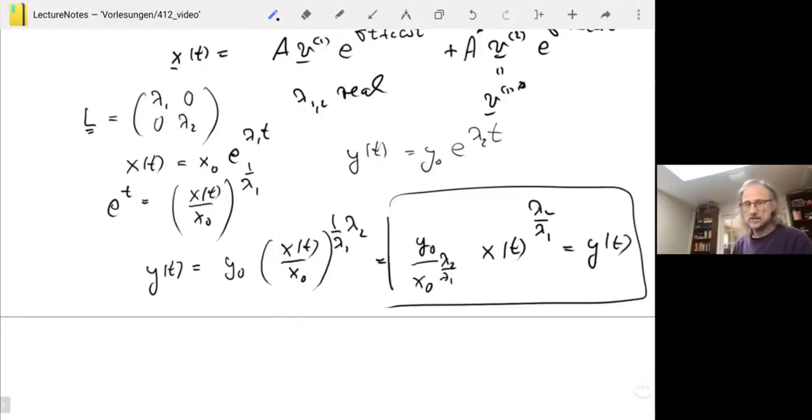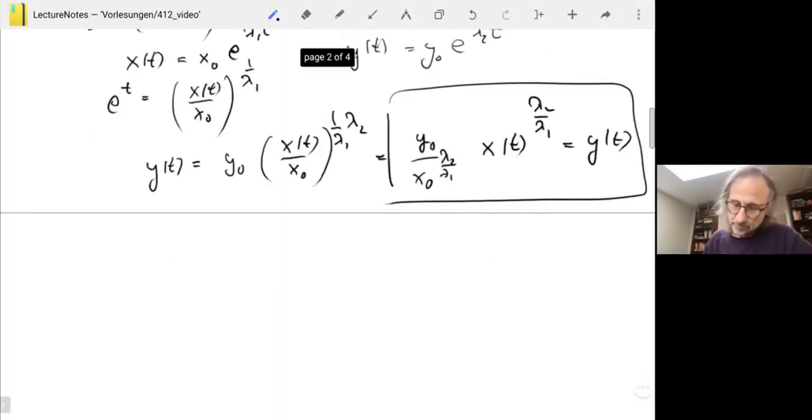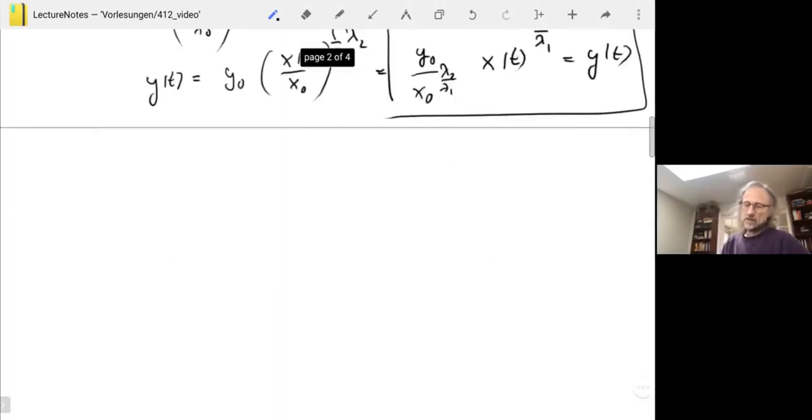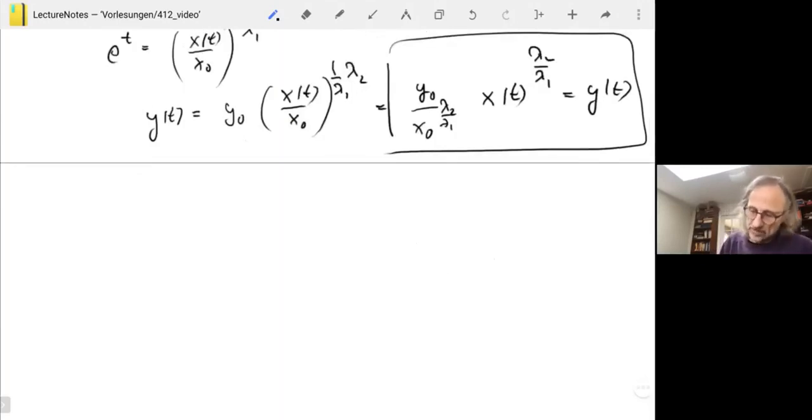Let's just take 2 examples. Let's assume they're both positive, say. Lambda 1 is bigger than 0 and lambda 2 is bigger than lambda 1. Then y is x to a power which is bigger than 1, and so these are essentially parabolic shapes.